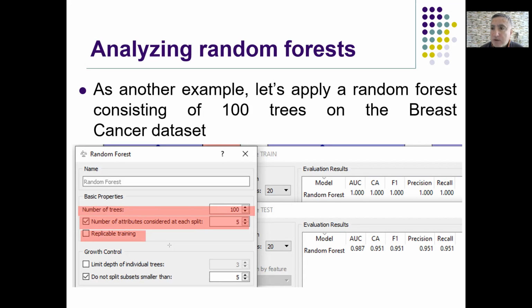Okay, so you know that replicable training means that since we are creating random data sets for the trees, each time you are creating bootstrapping and selecting some features for each decision randomly, each run, each test, it will be giving different results. In your projects, you need to select this replicable training by ticking it. Don't forget it. Otherwise, each run, you will have different results.